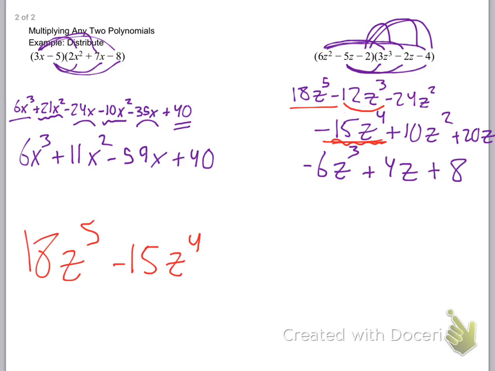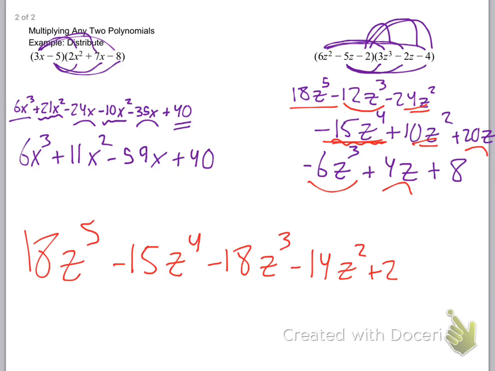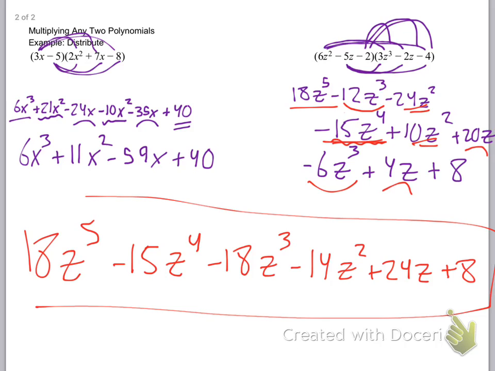Well, here and here. What's negative 12 minus 6? Negative 18z to the 3rd. z squared, negative 24 plus 10, negative 14z squared. Plus 24z plus 8. Boom. Takes a while, but it's not difficult.